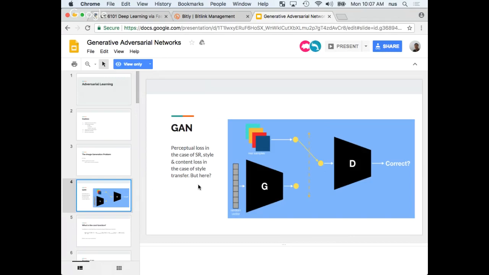Last week we learned that for super resolution you had perceptual loss, but in the case of generating images, it's kind of hard to define a loss as such because you're just creating images. You don't have a reference point to say whether this is really that good or not.